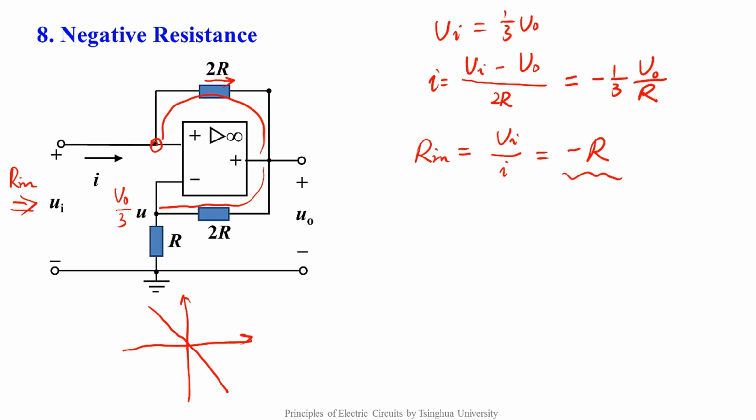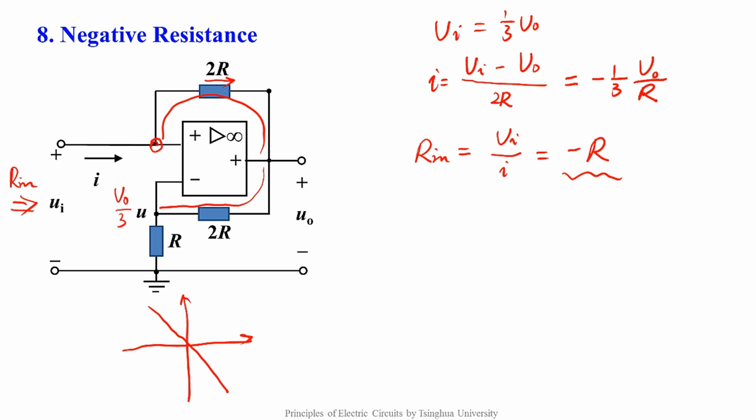You should notice that the value of UI and the three resistances should be selected carefully to guarantee the ideal op-amp operating in the linear region, on which the characteristic of the negative resistance is based.